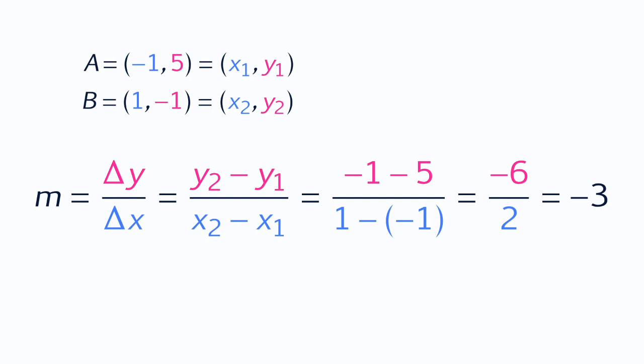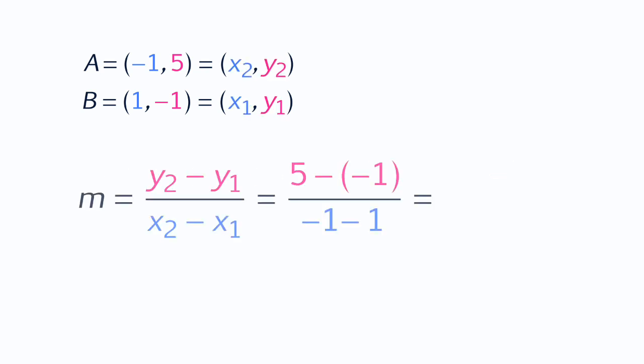That means that when the x value increases by 1, the y value decreases by 3. Notice that you get the same slope m if you select point B and point A for the formula, respectively, since 6 divided by -2 is also equal to -3.